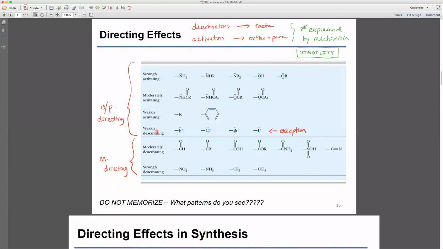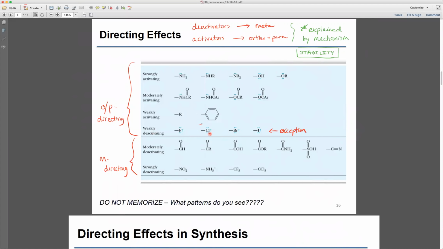So the reason that halogens are still ortho-para directing while they are deactivating is that that sigma complex can be stabilized by resonance. So try drawing out the ortho-para addition for a halogen substituent and see that that sigma complex can be stabilized. You get a fourth contributing structure by donating lone pairs in.